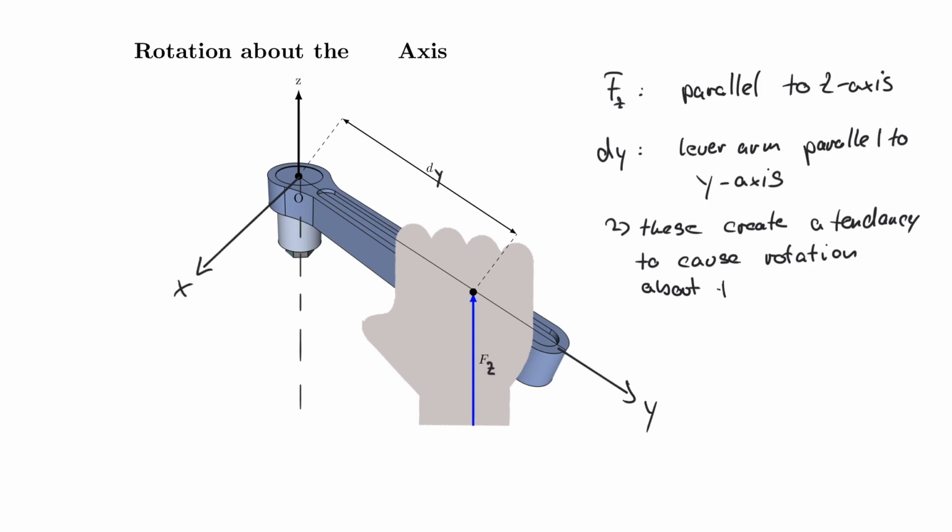So about the x-axis. And that means that up here I need to add my headline x-axis. And this is important to understand that now I have MO about the x-axis being equal to Fz times dy.